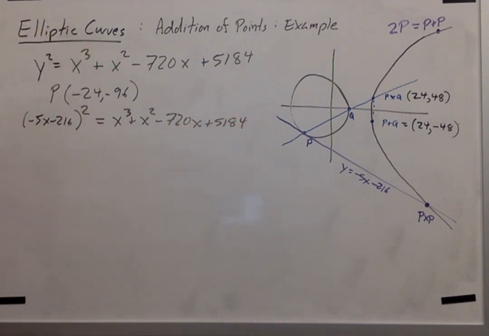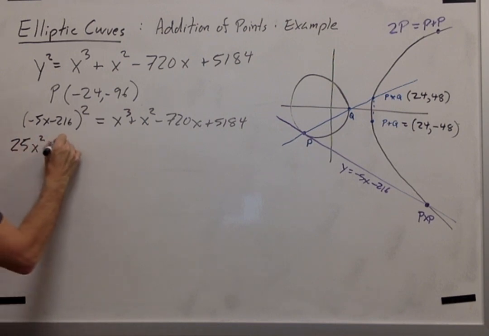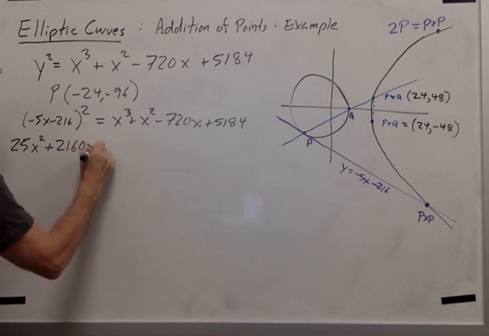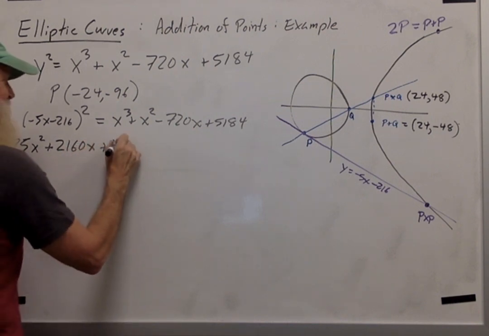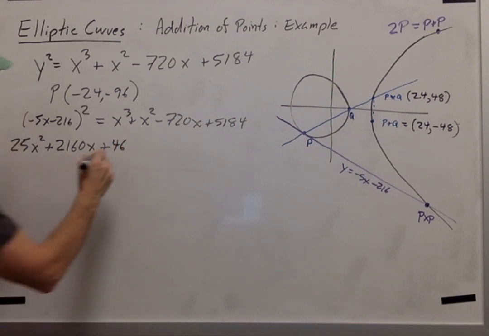So watch it, the numbers are about to get kind of big. If I take negative 5x minus 216 and square it, I'm going to get 25x squared plus 2160x plus 46,656.